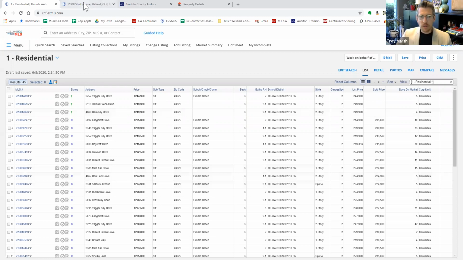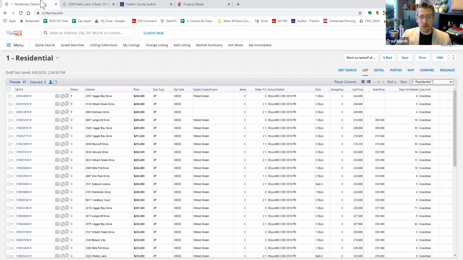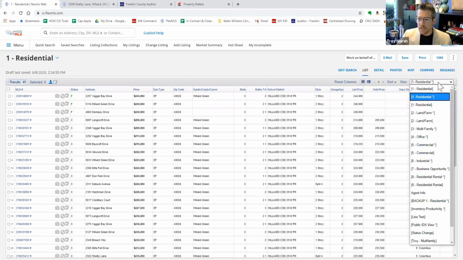All right, so now we're going to jump into how to actually compare the properties. This is a good neighborhood from the perspective that there's a lot of turnover. One of the things that I'm going to encourage you to do, and this is another class, but this was something that saved me a ton of time, is to go in and actually create views in your MLS.